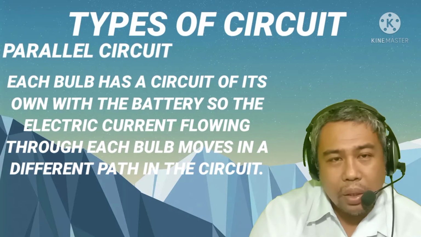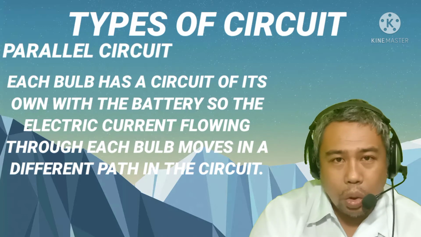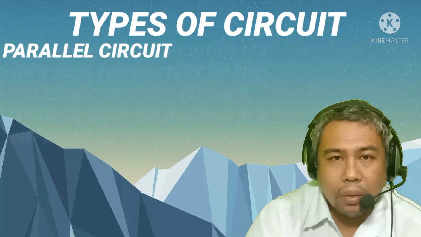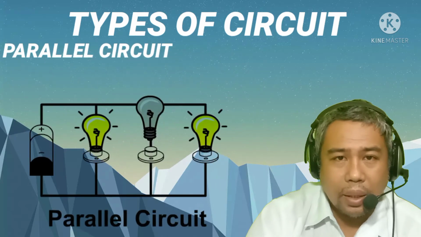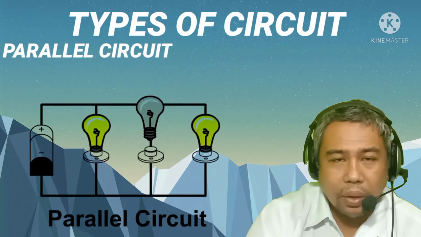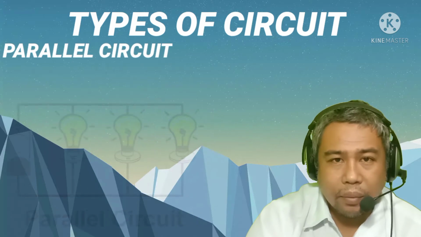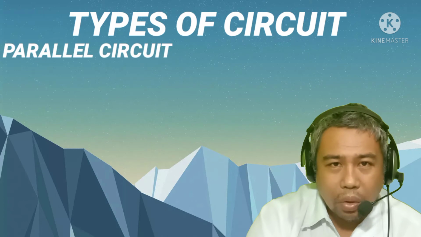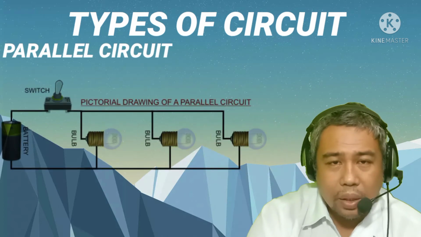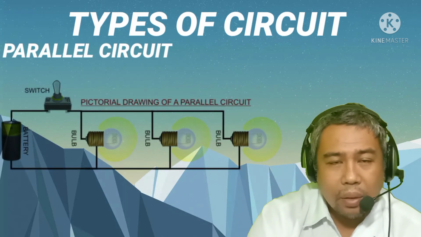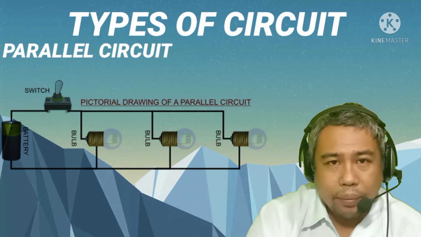It means they have their own loops in a parallel circuit. Here is the parallel circuit, three bulbs connected in parallel. Here is the pictorial diagram of a parallel circuit, three bulbs connected in parallel.